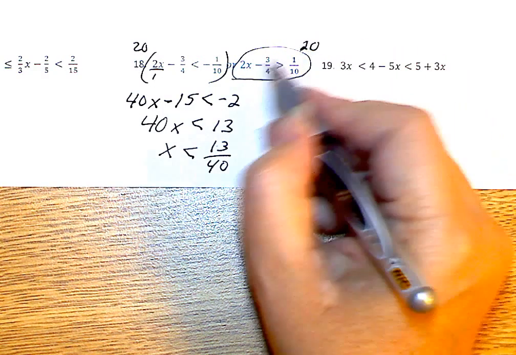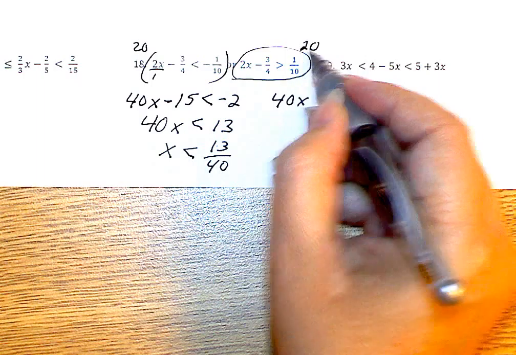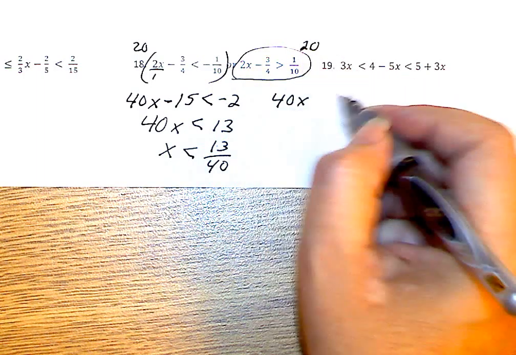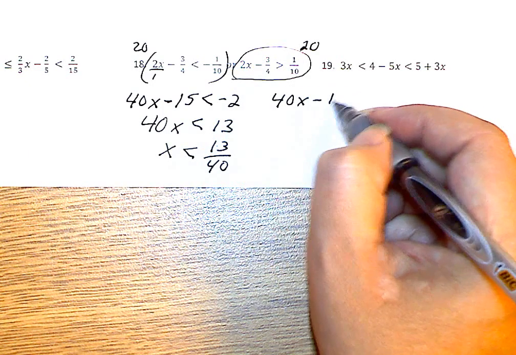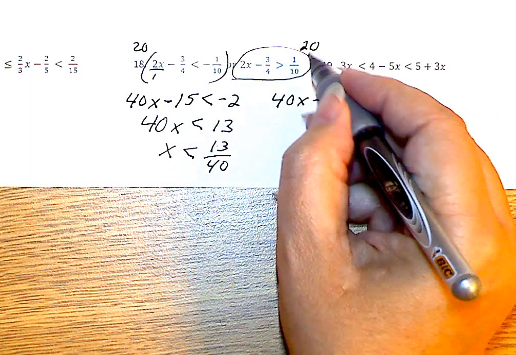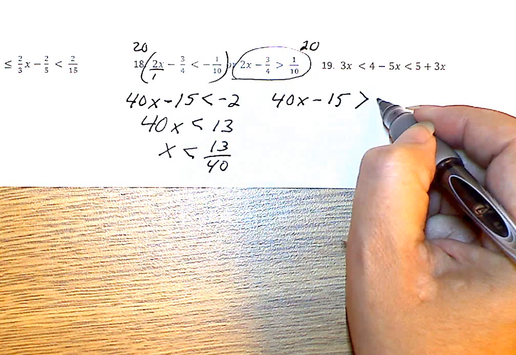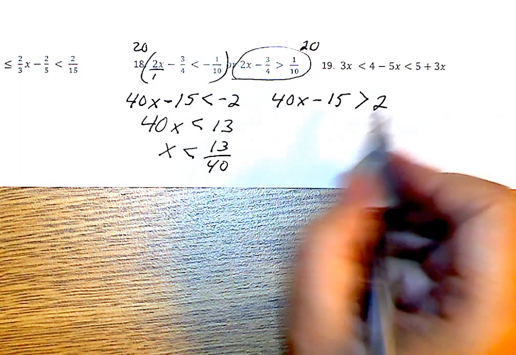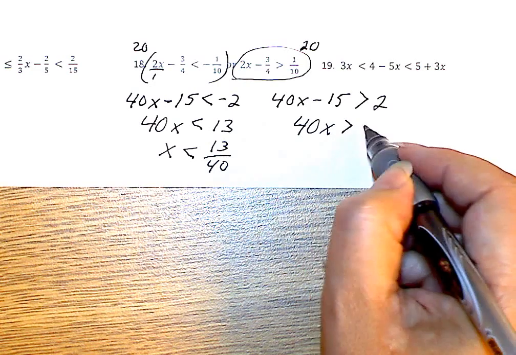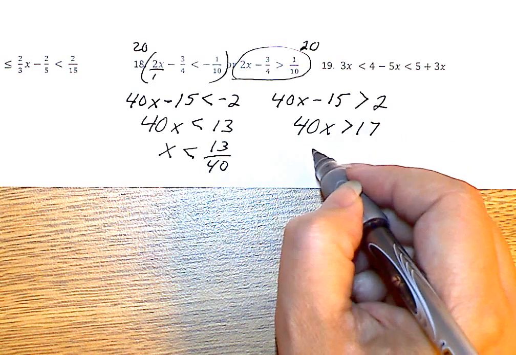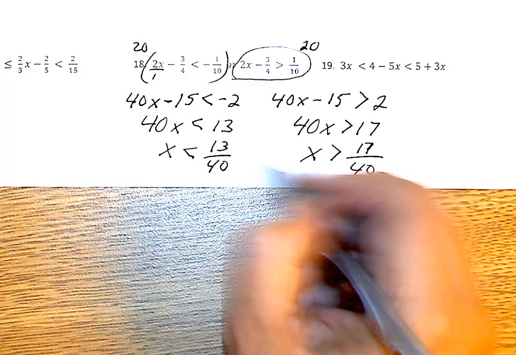So 20 times 2 will give me 40x, 20 times my negative 3 gives me a negative 60 divided by 4 is negative 15, is greater than 20 times 1, which is 20, divided by 10 is 2. Add 15 to both sides, and then divide by my 40. And that's the OR again.